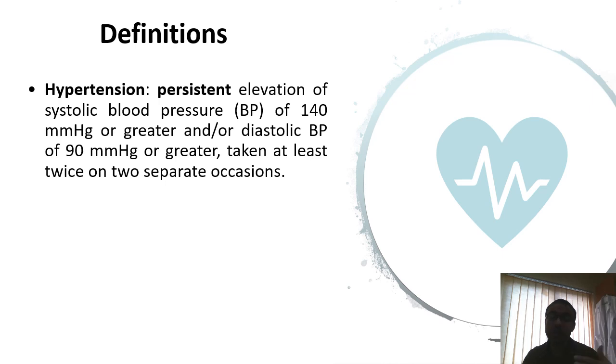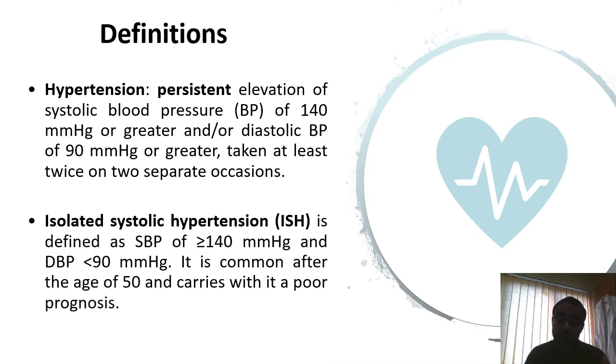The recommendation for the proper measurement of blood pressure will also be highlighted in a few minutes. We also have isolated systolic hypertension. From the definition we can understand that isolated refers to the systolic blood pressure mainly being elevated, and this is common in relatively old patients, 50 or more, and in general it has a poor prognosis.